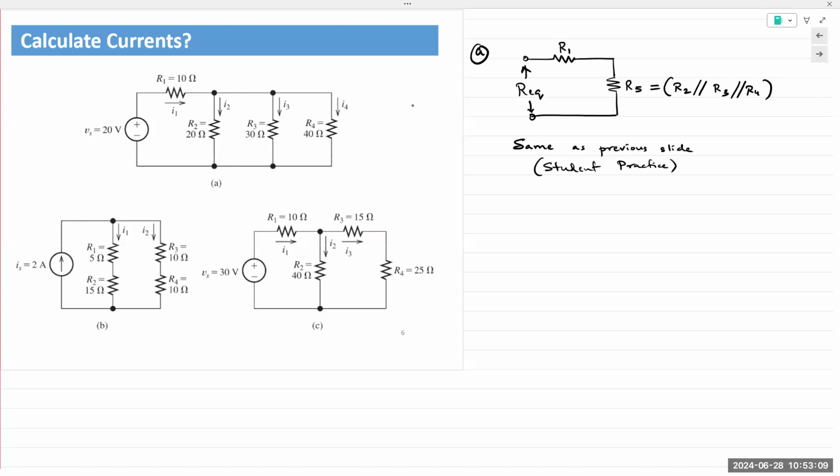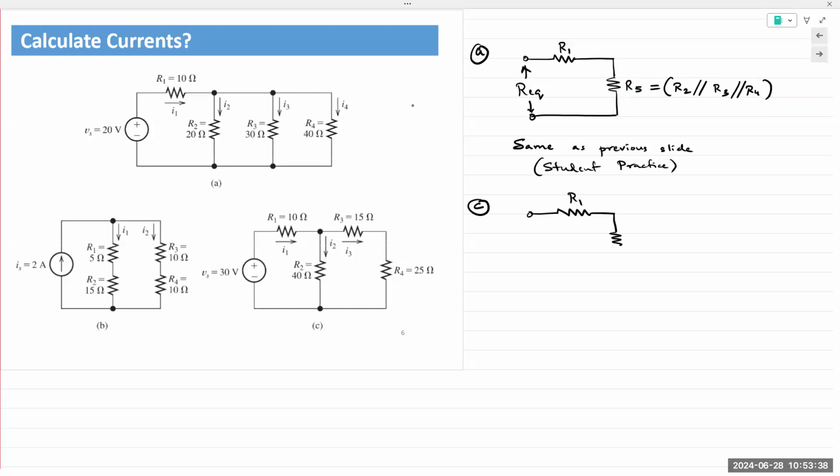Design is for student practice. How about C? Let's take C first. We'll talk about B later. C is also similar. You have R1.